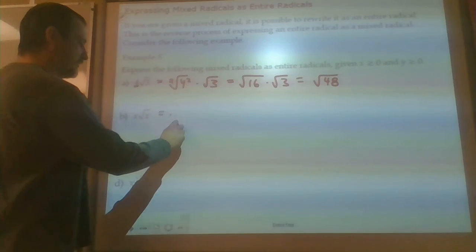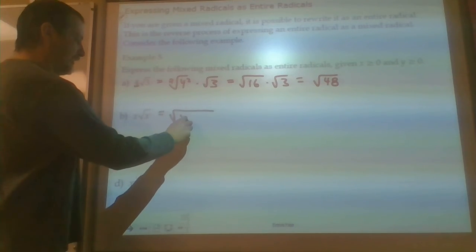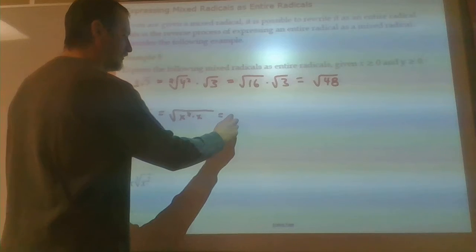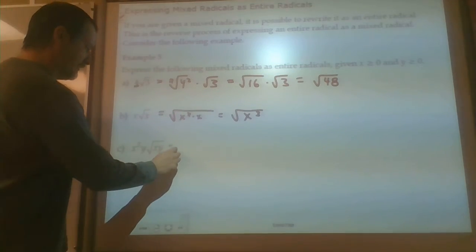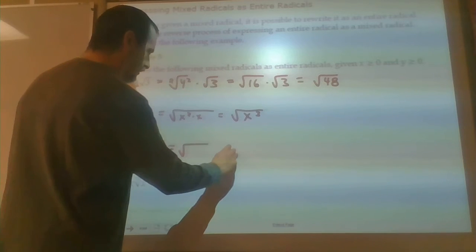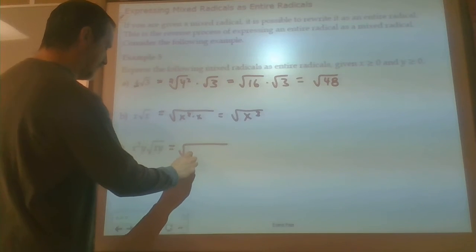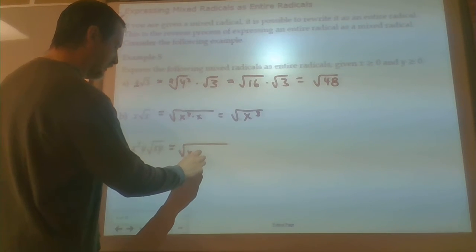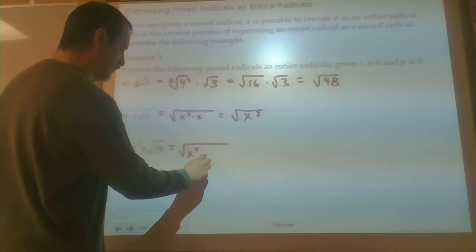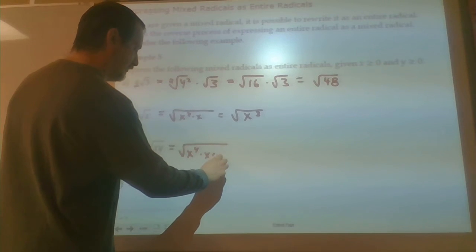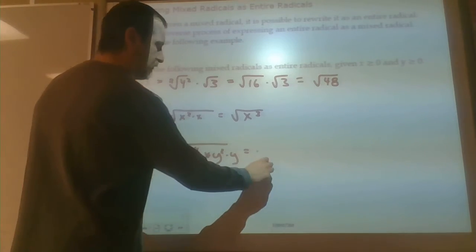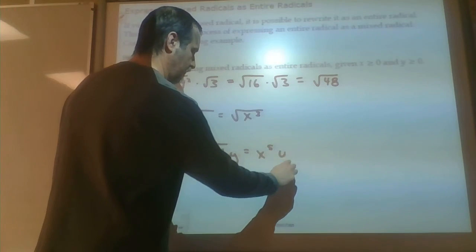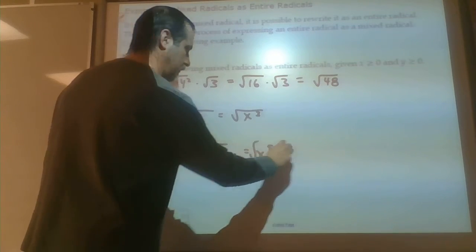Right, this would become the square root of x squared times x, which is the square root of x cubed. This is going to equal the square root of 4 times x times y squared times y, and this will be back to x to the power of 5, y to the power of 3.